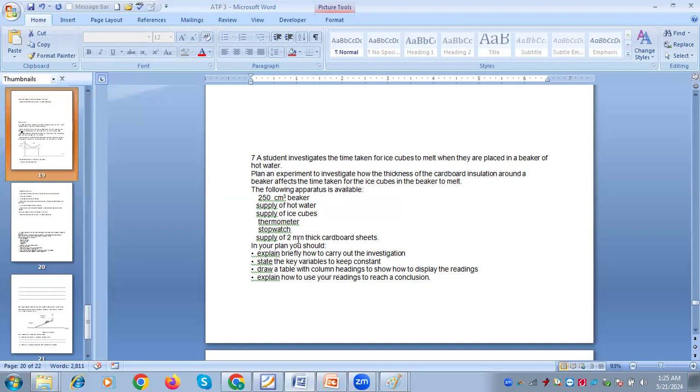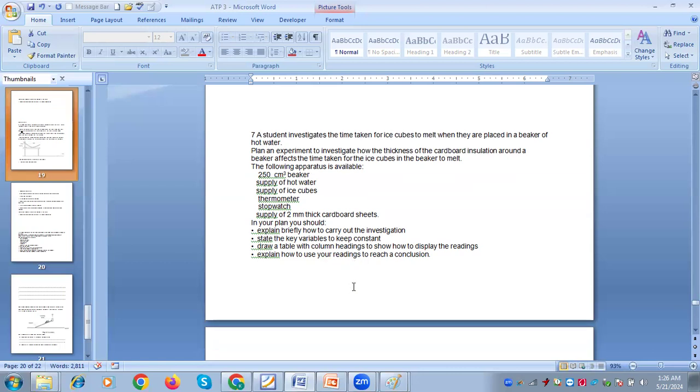Supply of 2 millimeter thick cardboard sheet. It means there are number of sheets available, and suppose you will increase the thickness by increasing the number of cardboard sheet. Explain briefly how to carry out the investigation. State the key variable which should be kept constant. Okay, so any additional apparatus have they asked? No, it is not asked here. Table and column.